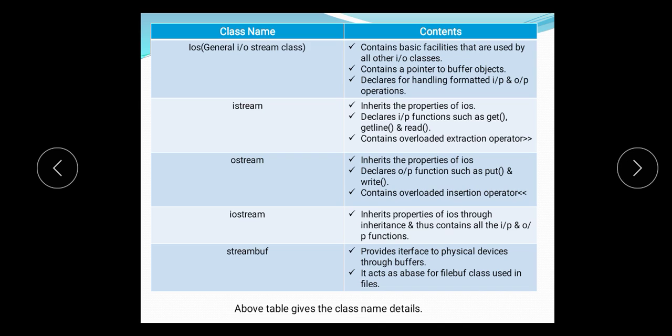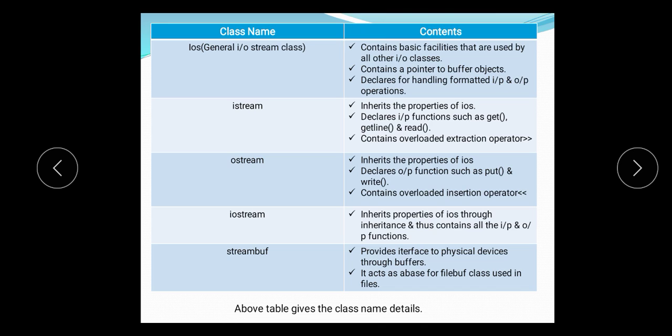The ios class contains basic facilities that are used by all other IO classes. Whatever facilities all IO classes require are listed in the ios class. It contains a pointer to the buffer objects, and it declares constants for handling formatted input and output operations.